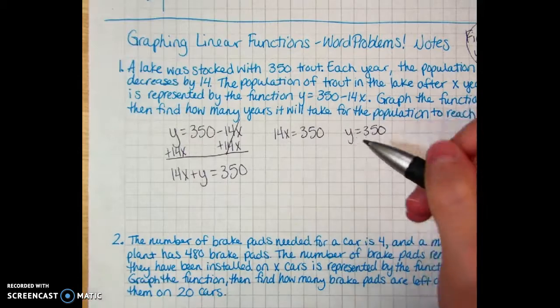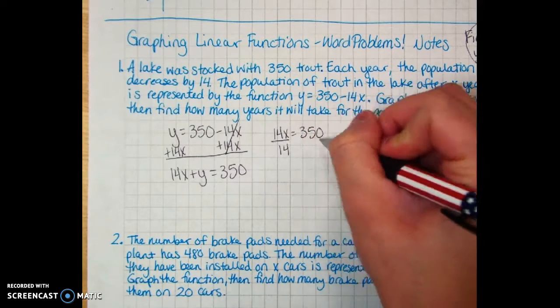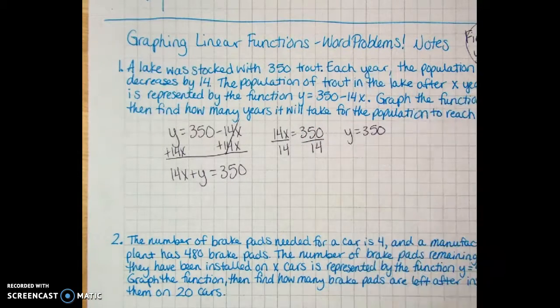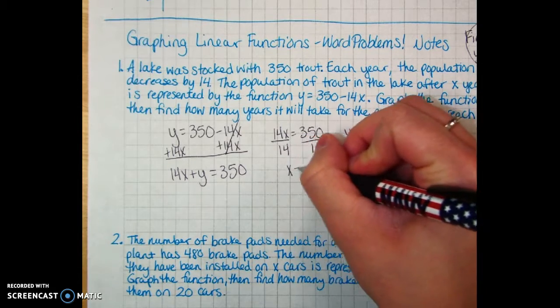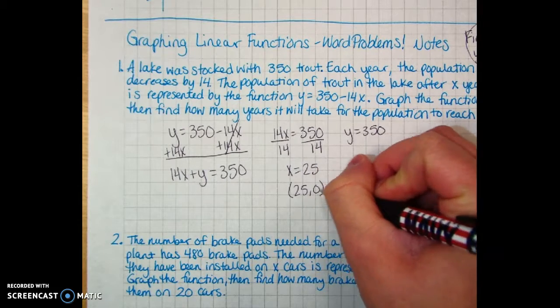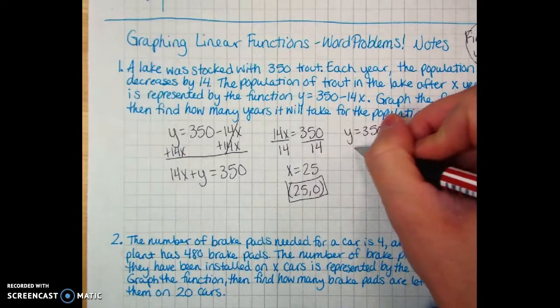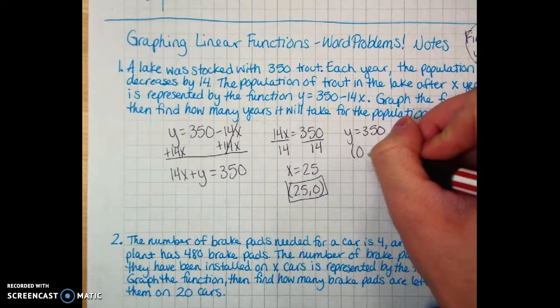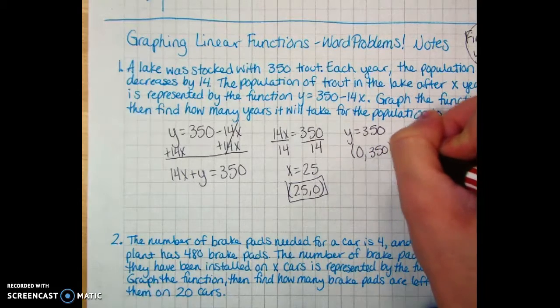I'm going to solve this. 350 divided by 14 is 25. So that point is 25, 0. And over here, I don't have to solve anything, so that point is 0, 350.